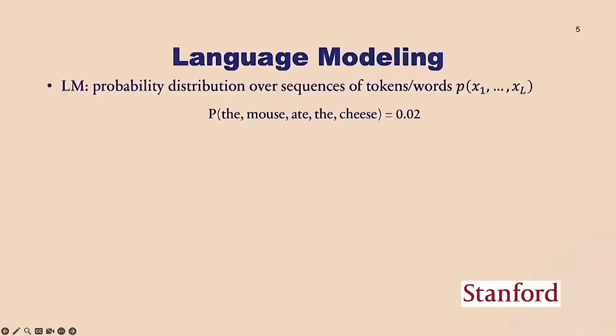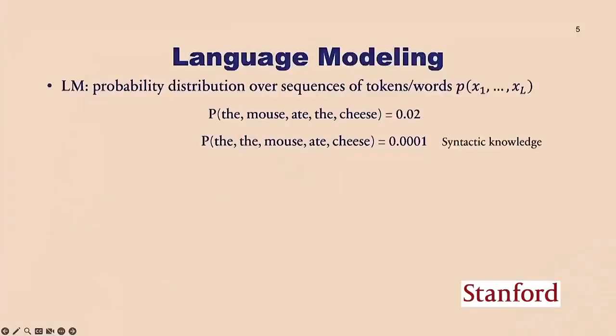Very concretely, if you have a sentence like "the mouse ate the cheese," what the language model gives you is simply the probability of this sentence being uttered by a human or being found online. If you have another sentence like "the mouse ate cheese," here there's a grammatical mistake, so the model should have some syntactic knowledge and know that this has less likelihood of appearing online.